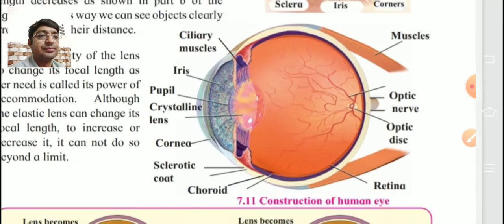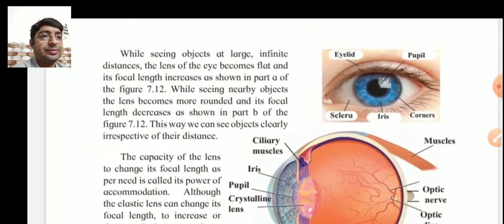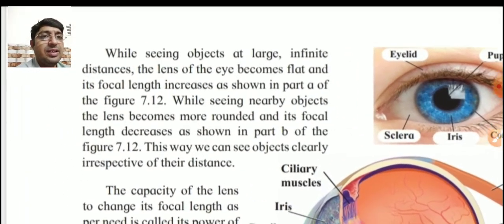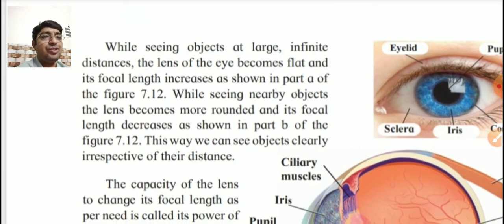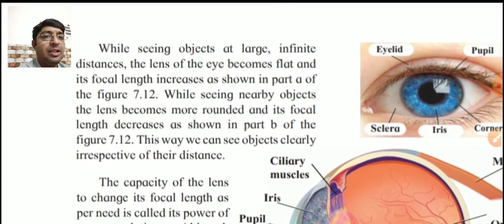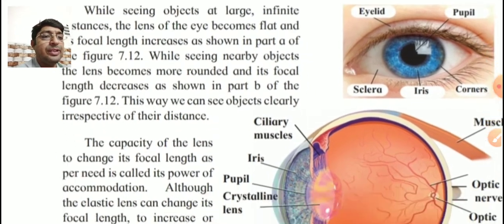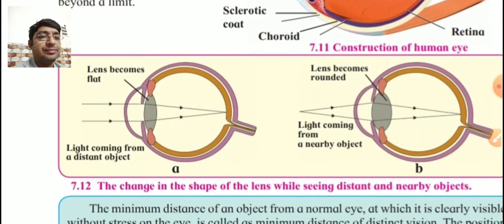Next, see the diagram of human eye. While seeing objects at large, infinite distances, the lens of the eye becomes flat and its focal length increases, as shown in part A of figure 7.12. Now check here. This one.